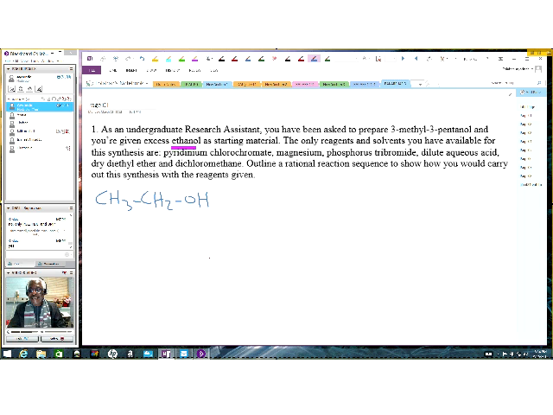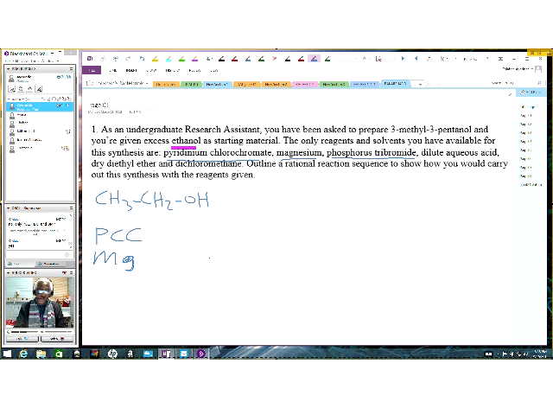Then the only reagents and solvents you have available for the synthesis are pyridinium chlorochromate, which is PCC. By now, you guys know what that reagent will do. Magnesium, you also know where that is taking you when you see magnesium.